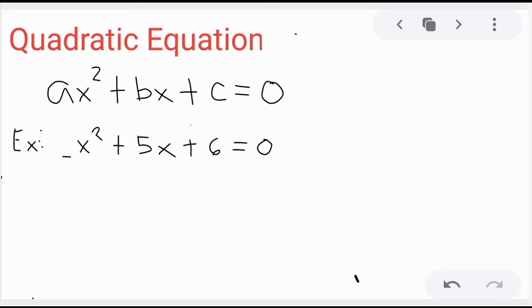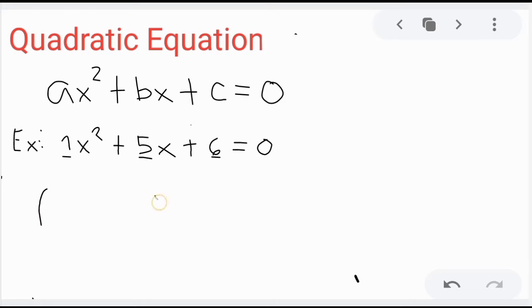And the highest degree is 2. The a here is 1, the b here is 5, and the c here is 6. Do you understand the quadratic equation and the standard form?